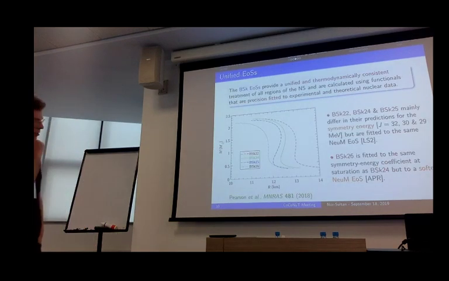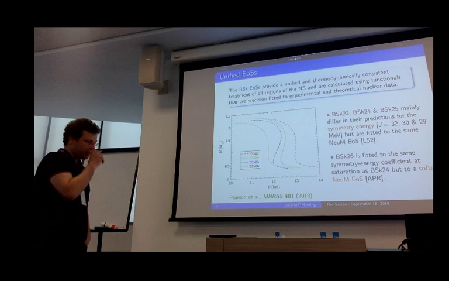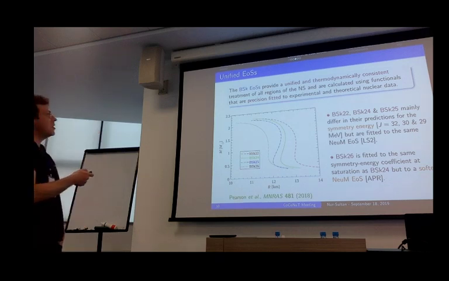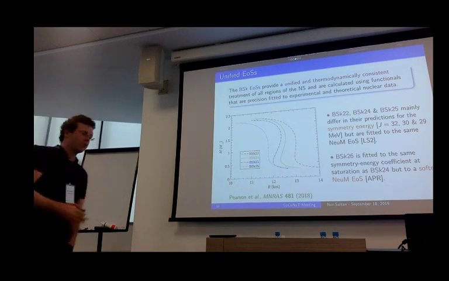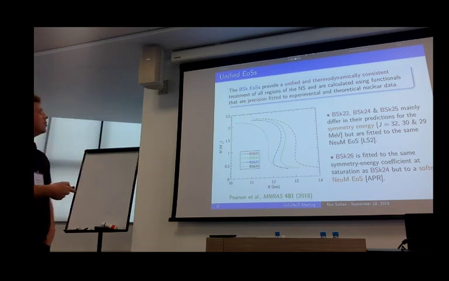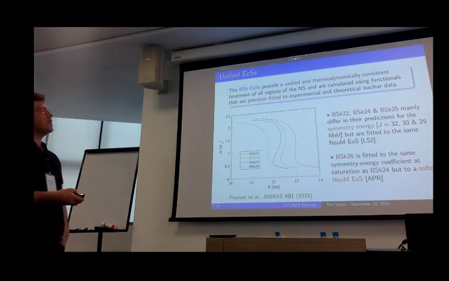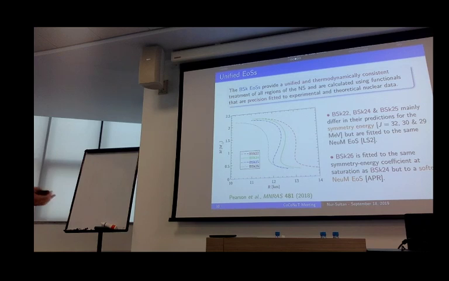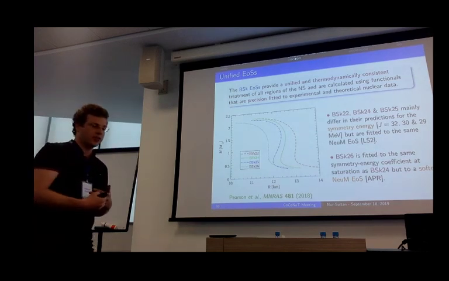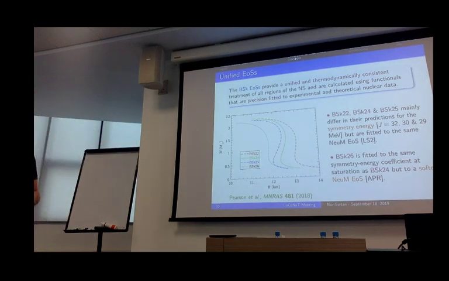So what we did is to focus on the BSk equations of state, which are developed in Brussels and Montreal, and which are interesting because they provide a thermodynamically consistent treatment of all the regions of the star within the same model, from the stellar surface to the inner core.